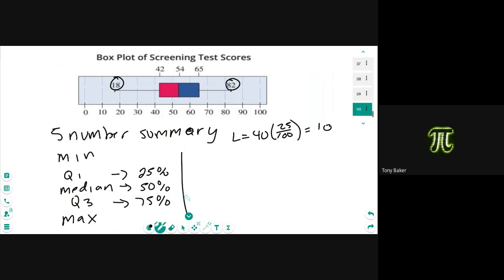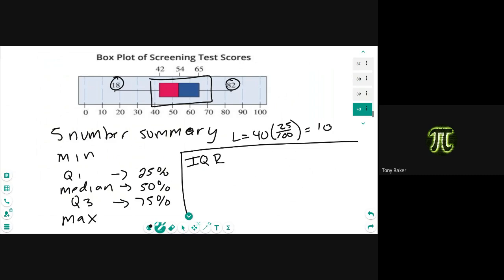Now, the last thing we're going to talk about today is, because we were asked, what about an outlier? What does outlier mean? This is how we find our outliers. So this box in the middle here is known as my interquartile range, IQR.